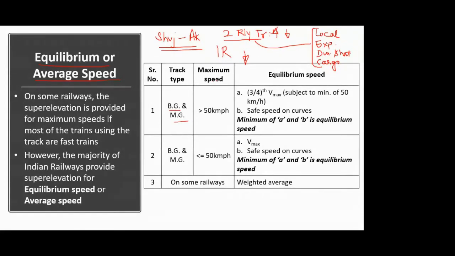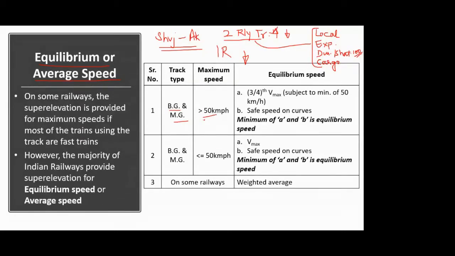So what I will do is first find out, in this section, Shivajinagar to Akurdi, how many trains are passing or using this section, and what is their maximum speed. Suppose Duronto and Shatabdi are moving with a speed of 100 kmph. I'll see whether it is greater than 50 or less than 50.